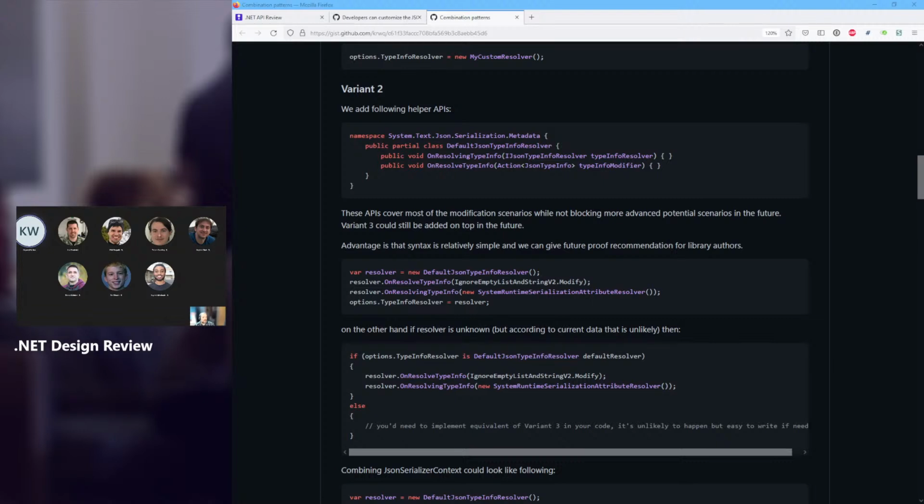The combination patterns make the naming easier. The variant 3, I mean, this one is harder. Modifiers, I don't know. Additional resolvers, resolver chain.